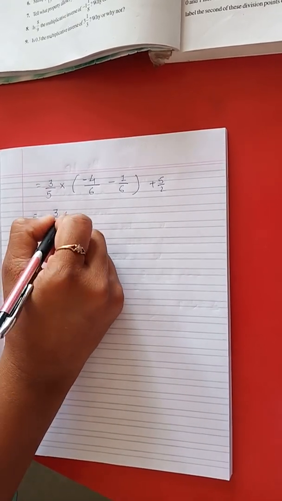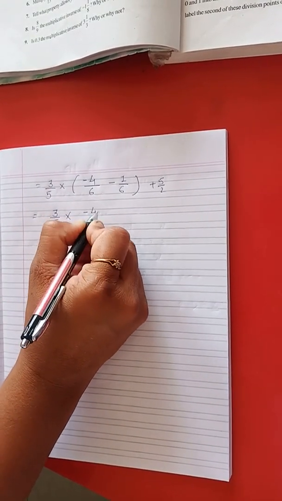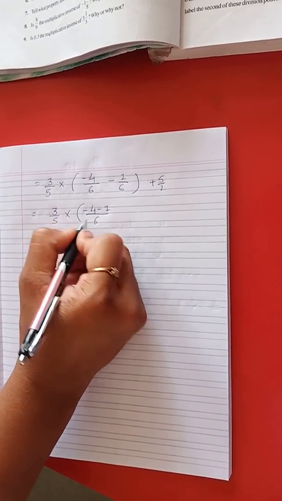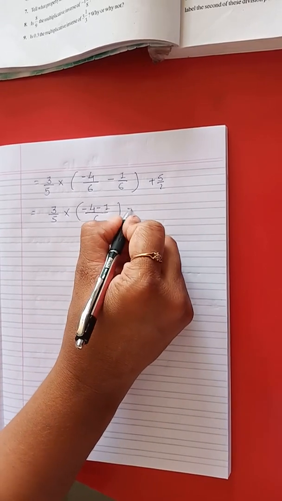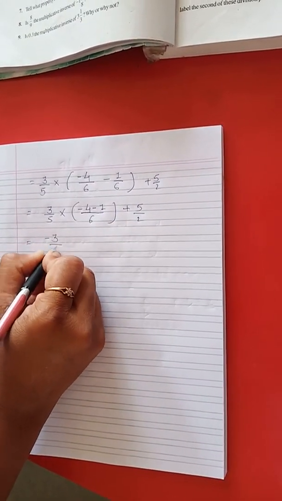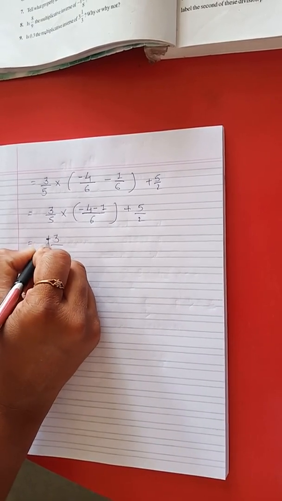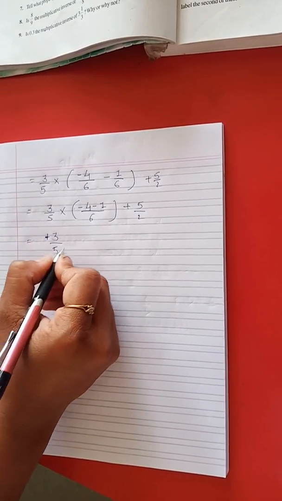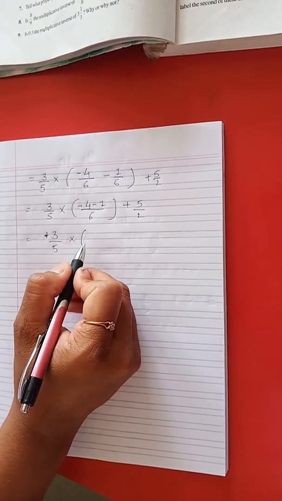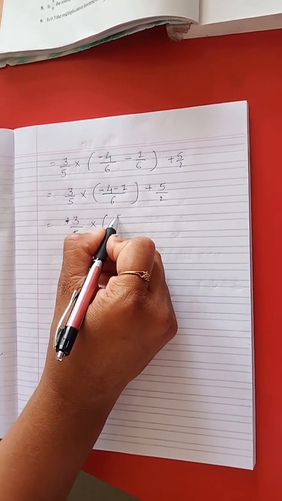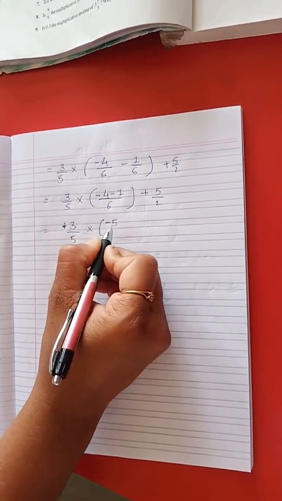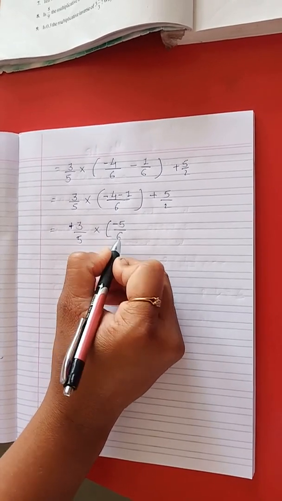Now 3 upon 5 multiplied by minus 4 minus 1, and the denominator 6 is the same, so we write it one time only, plus 5 upon 2 as it is. Minus 4 minus 1 gives minus 5, so the result is minus 5 divided by 6.